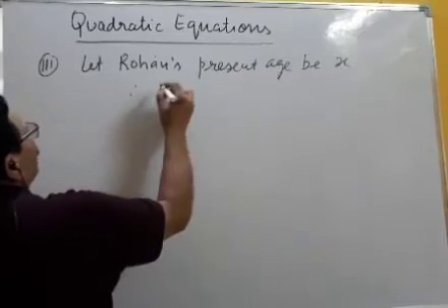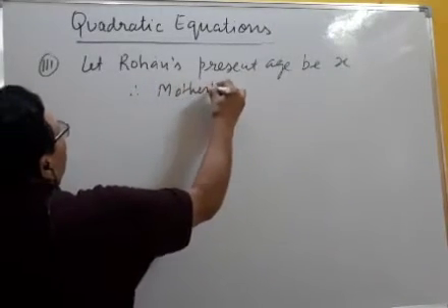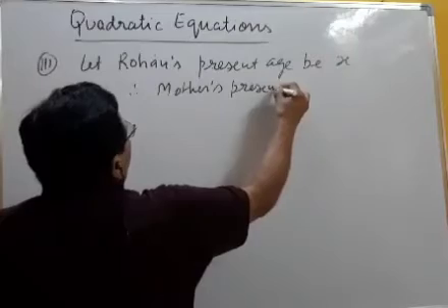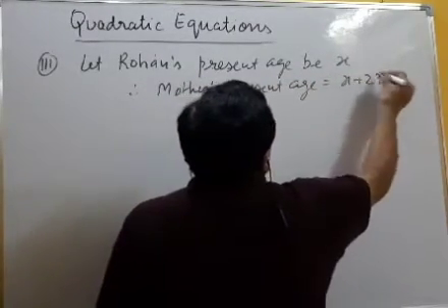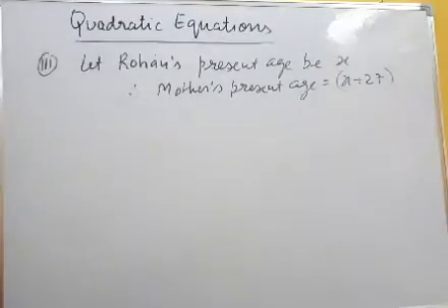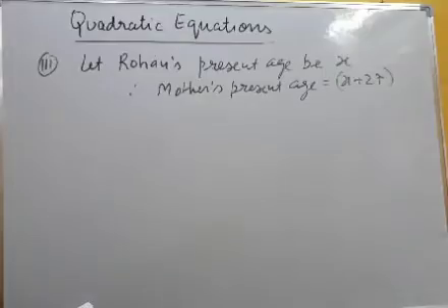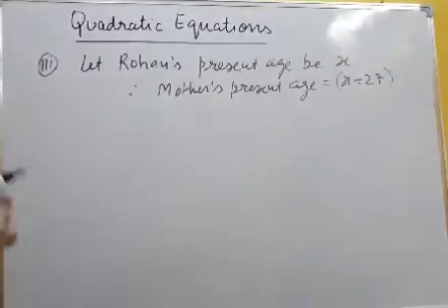So therefore, mother's age is x plus 26. Right. Now the condition is given. The product of their ages 3 years from now.